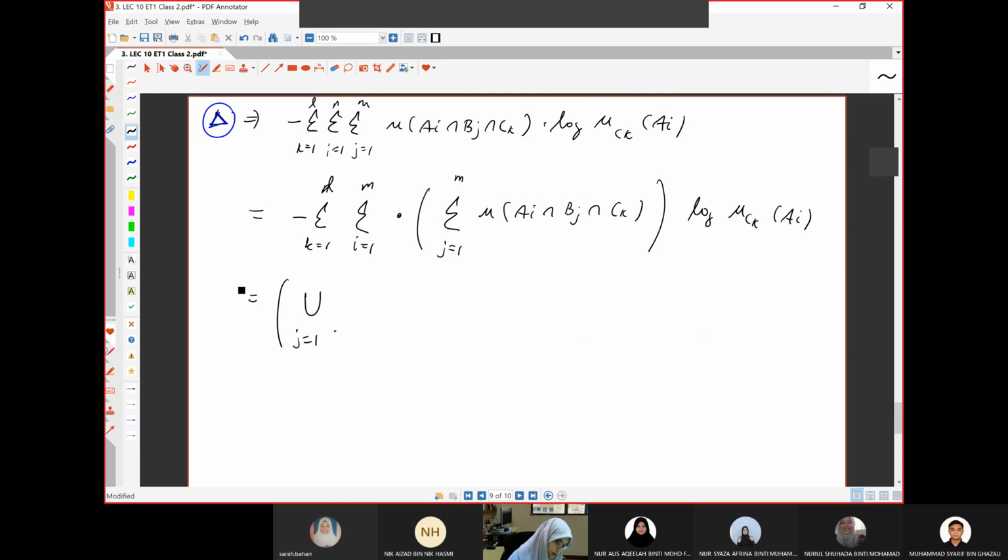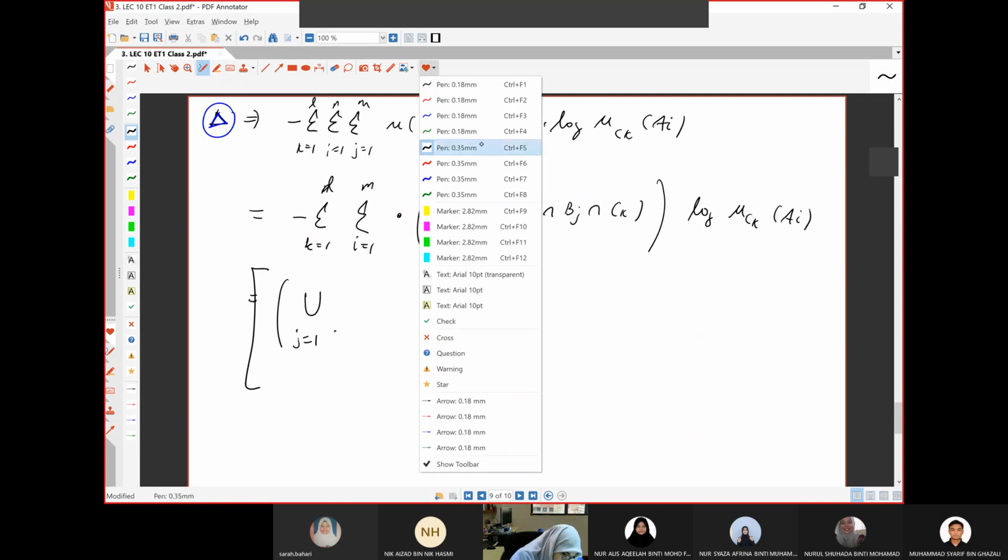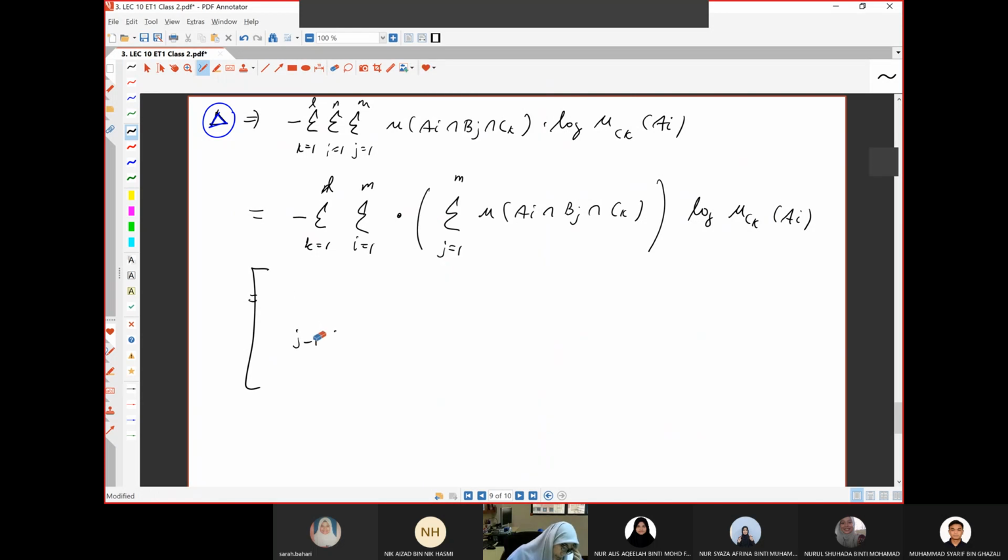This is for the part I want to simplify, the one in the bracket. We want to eliminate B. So union of J from 1 until M, AI intersect BJ intersect CK is equals to.